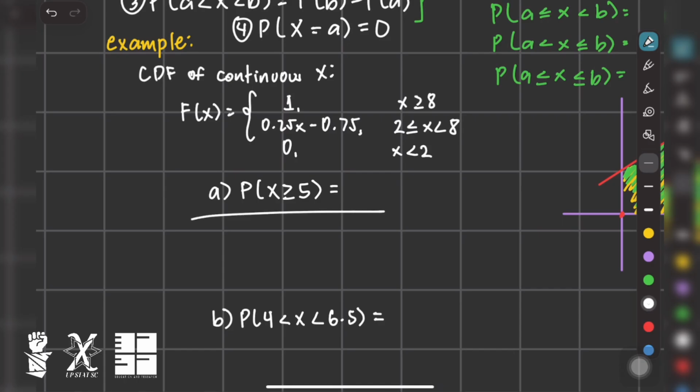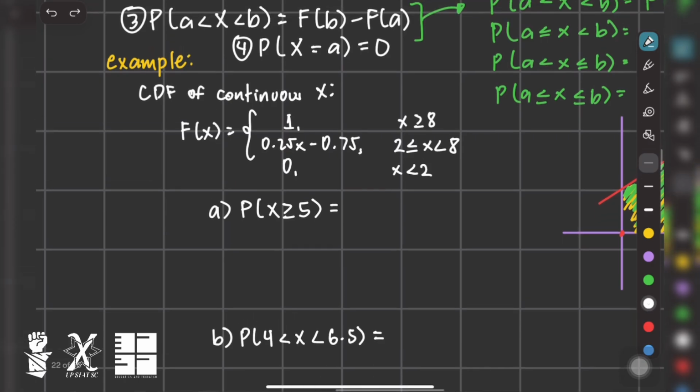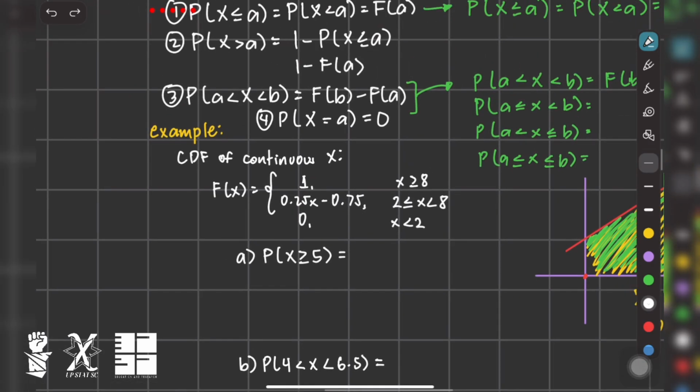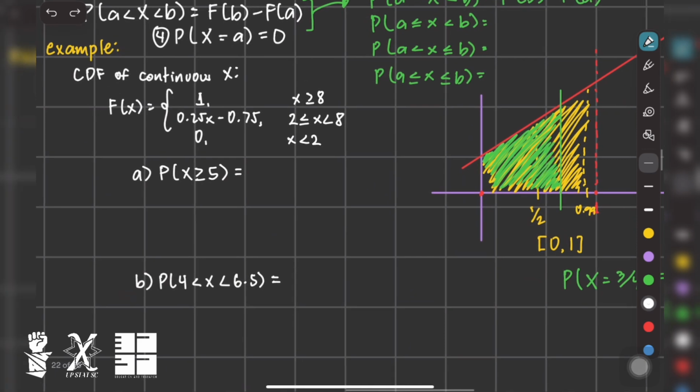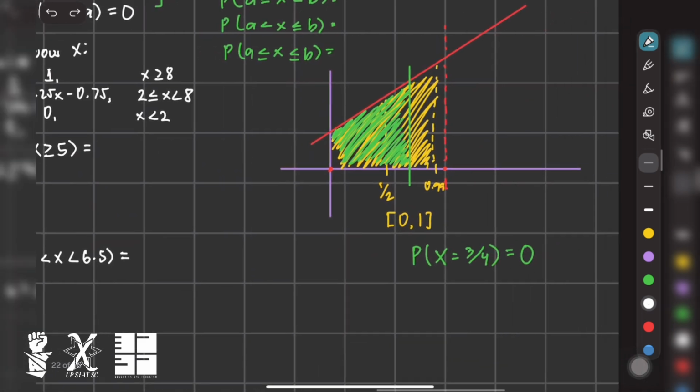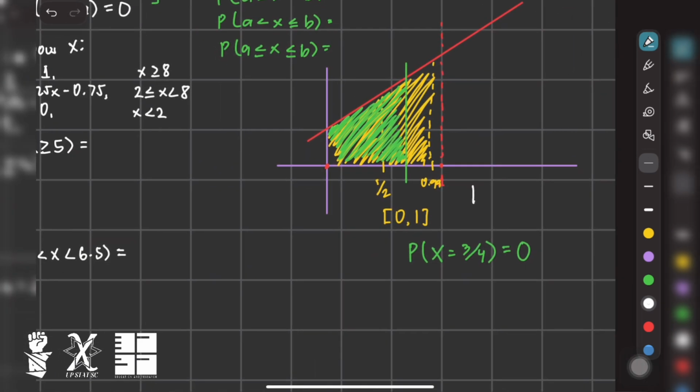So here we are asked what is the probability that your x is greater than or equal to 5. So first we can use some tricks with the cumulative distribution function, but note again that our standard form of our cumulative distribution function is P, where the probability that your continuous variable is less than or equal to a.